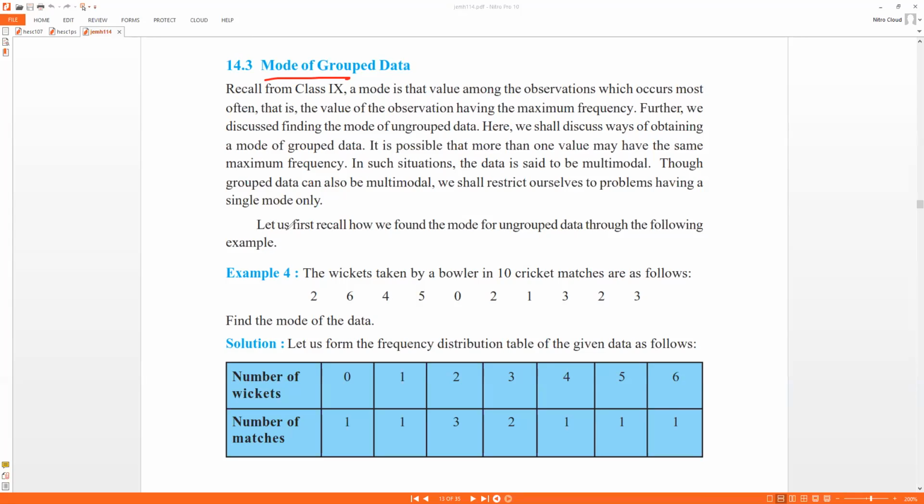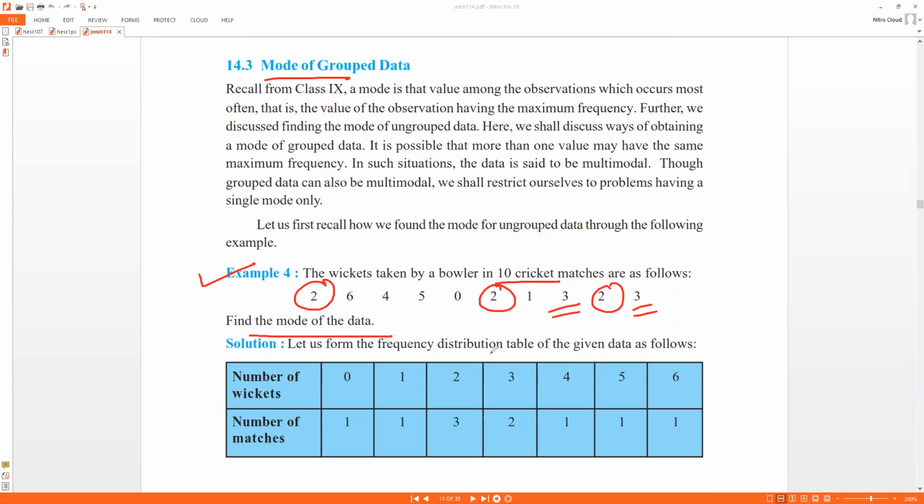Simple. So let us take a simple example here. This is ungrouped data, by the way. We are not going to solve such problems in 10th standard. We have already done this in 9th standard. So find the mode of the data. These are the wickets taken by a bowler in 10 cricket matches. You can see here that 2 appears 3 times, 3 appears 2 times.